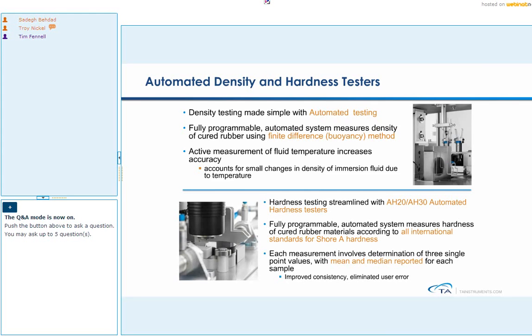Our automated density tester operates based on the finite difference method.